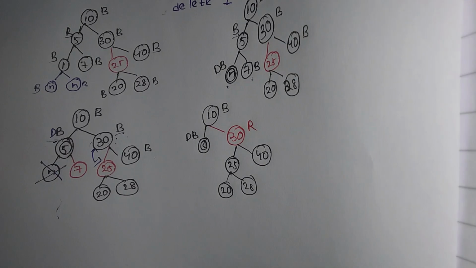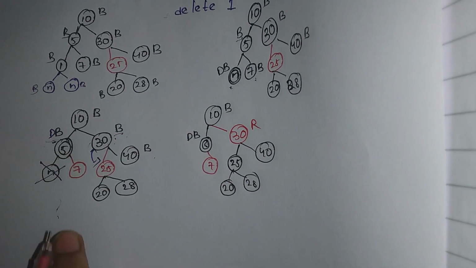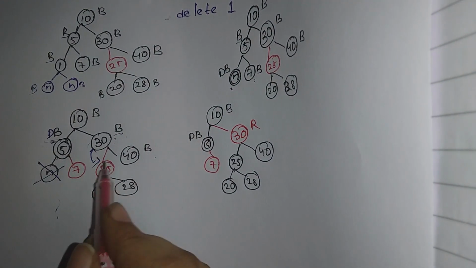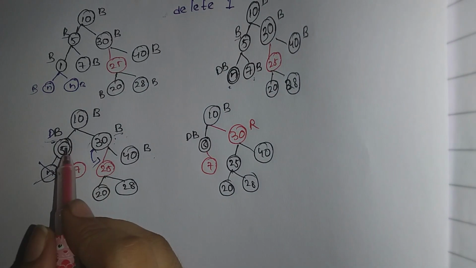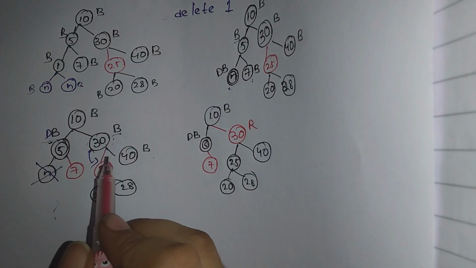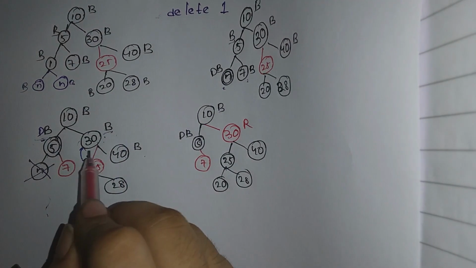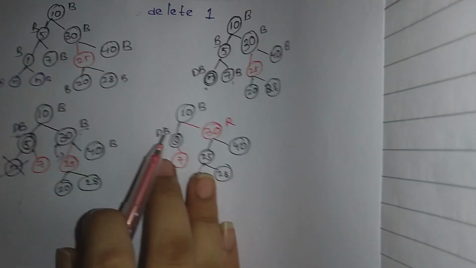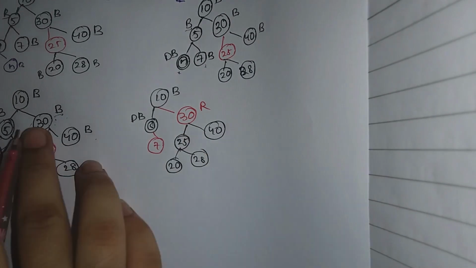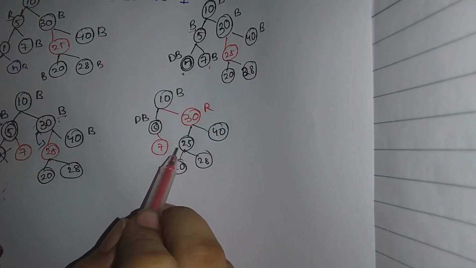After swapping, we need to rotate this. DB's sibling and DB's sibling's near child have their colors swapped, and after swapping we need to consider the next point in the case.